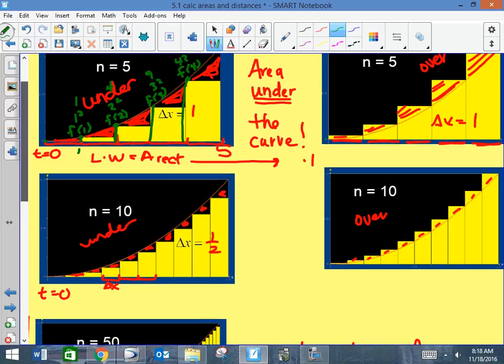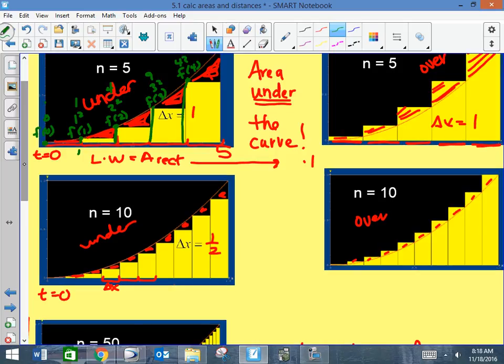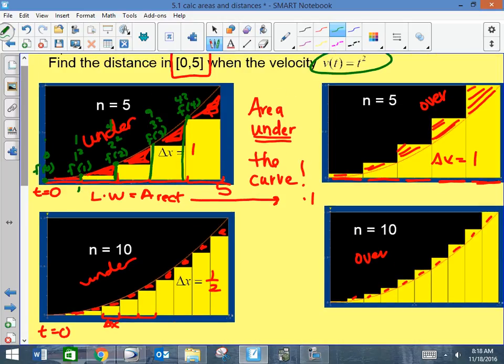Over here, what was the f of this? F of 0, 0. Okay, over here, when we did it from the other direction, the height would be here, then here, then here, then here, then here. And we don't use that one, right? Okay.